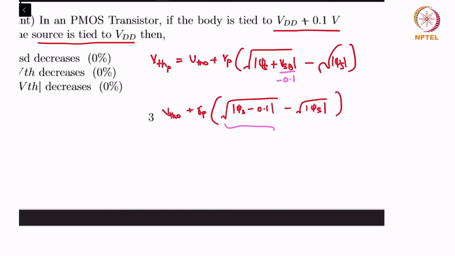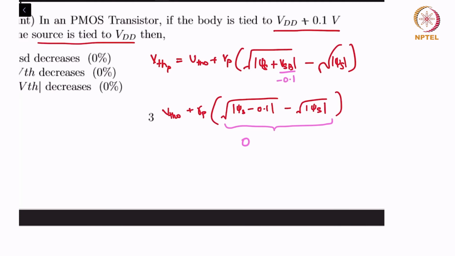Comparing it to the case where VSB is equal to 0, the magnitudes are the same in both the square roots, so they subtract to get 0. But when it's minus 0.1 volts, since psi s is negative, you're adding two negative numbers, so it becomes more negative.